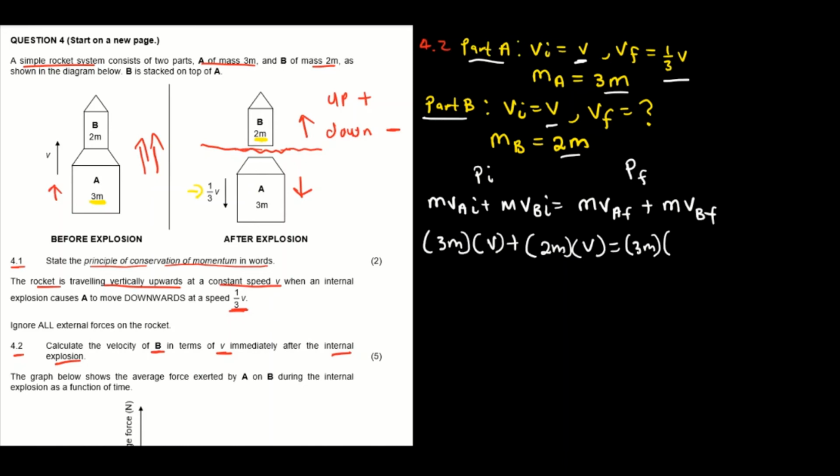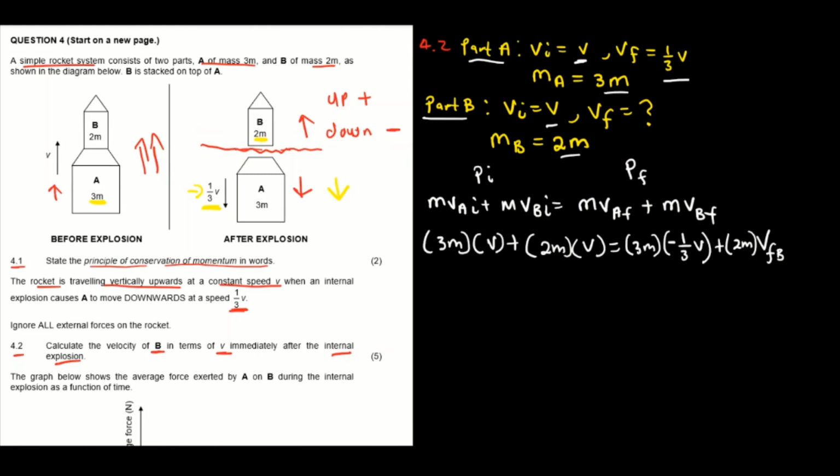But we also know that part A is now going downwards after the explosion, right? So we need to put a negative 1/3 v here, plus the mass of part B, 2m, and the v final of part B, which is what we are looking for.